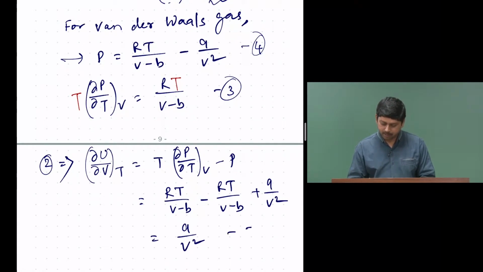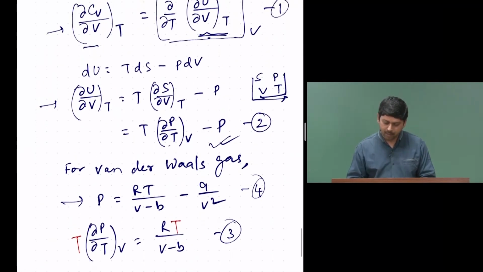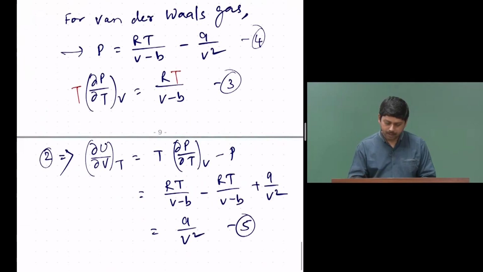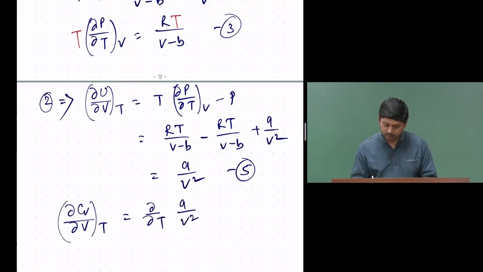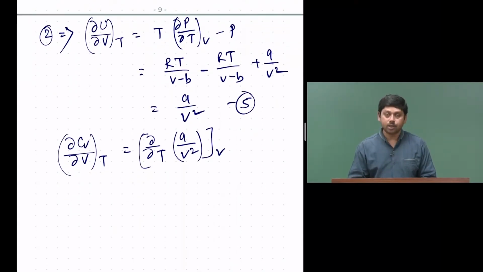We got that as equation 5. Now we go back to equation 1 and write del C V by del V at constant T is del del T of A by V square at constant V. Since it does not depend on temperature, it will be 0.